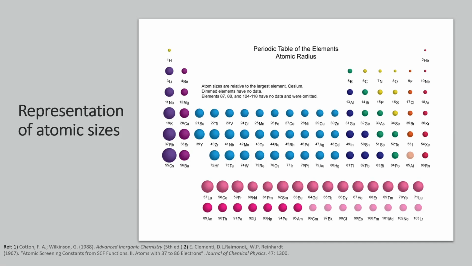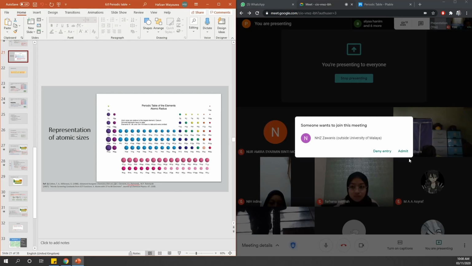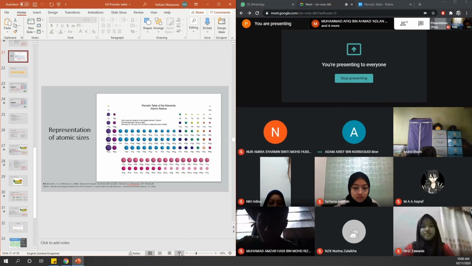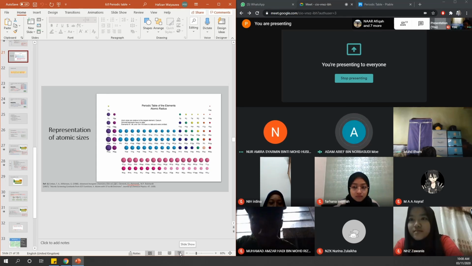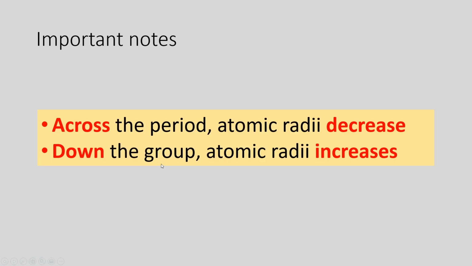Okay, nampak tak? Ada orang pun nak masuk. Okay, nampak tak ini saya tunjuk periodic table ni? Nampak? Kau tak nampak? Okay, nampak? So nampak tak? Across the period hari tu, kita dah bincang, dia mengecil kan? And down a group, dia makin membesar.